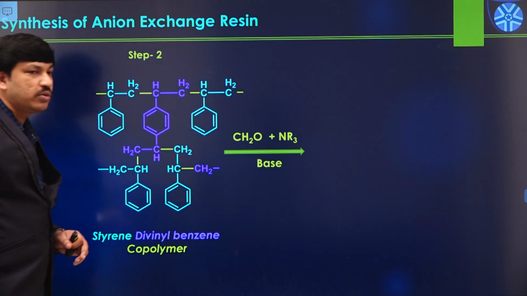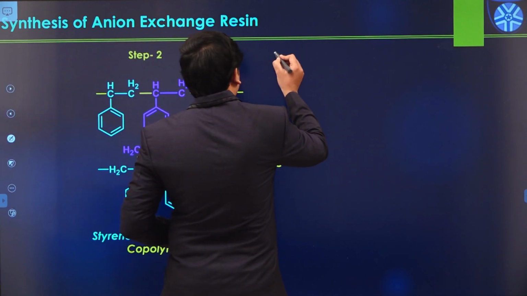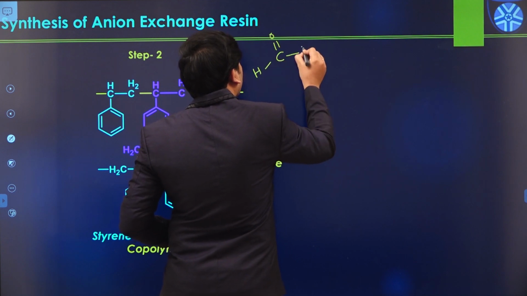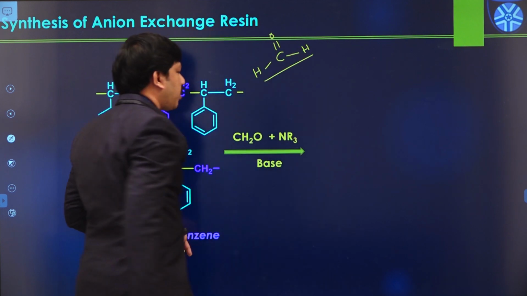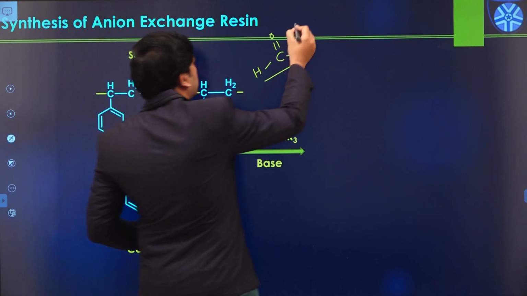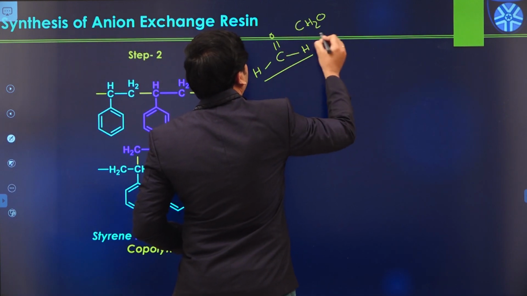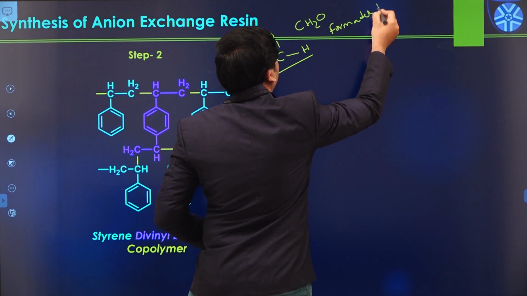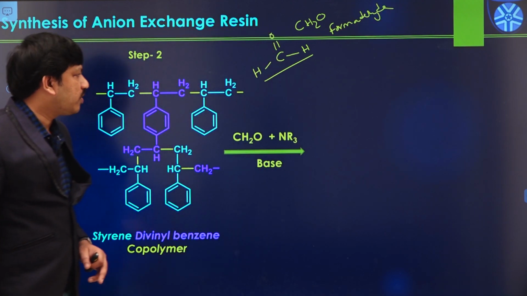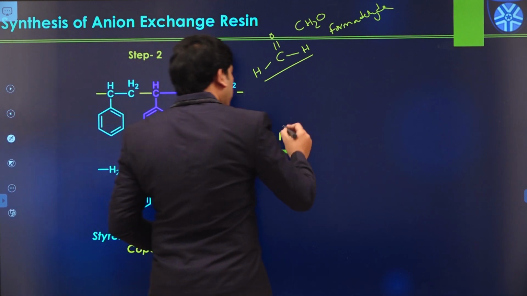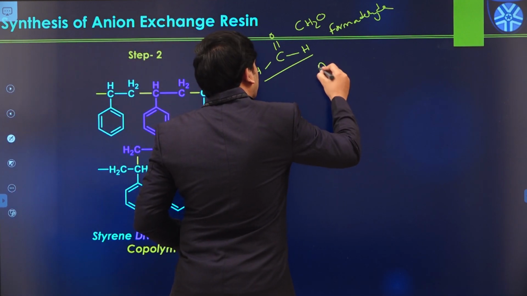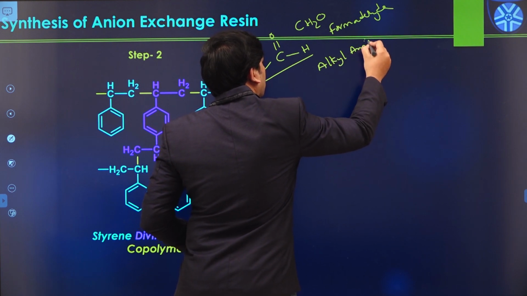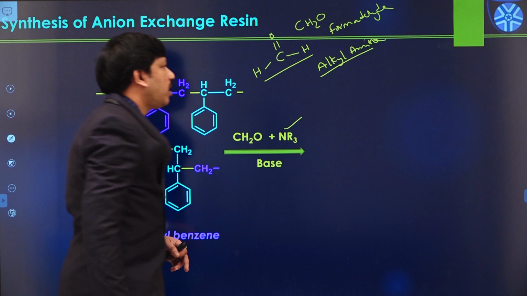Now we have to use a combination of formaldehyde, whose formula is CH2O, and alkyl amines.